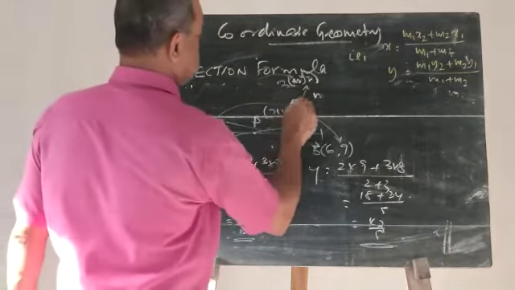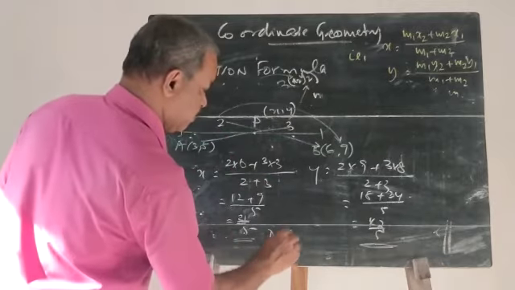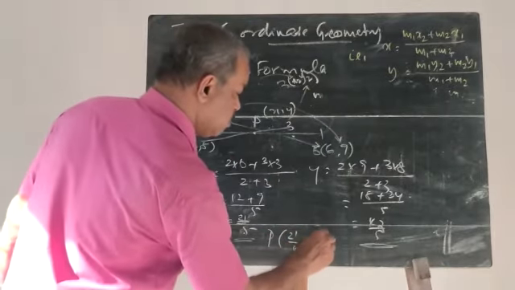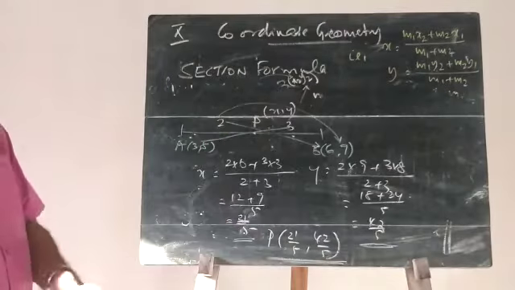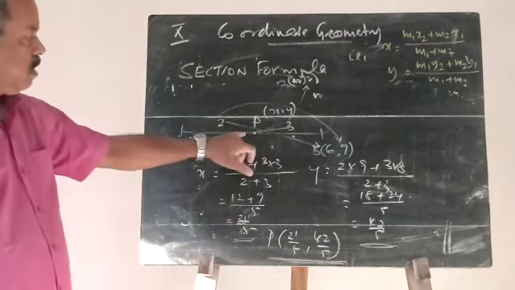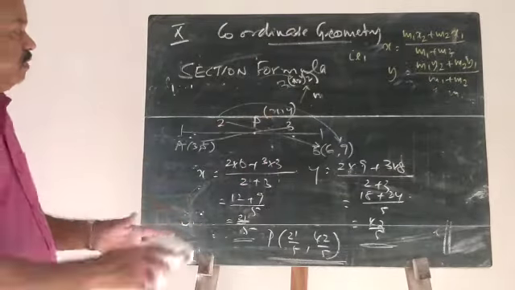So the coordinates of P are (21 by 5, 42 by 5). In this way we can calculate the coordinates of the point of division.